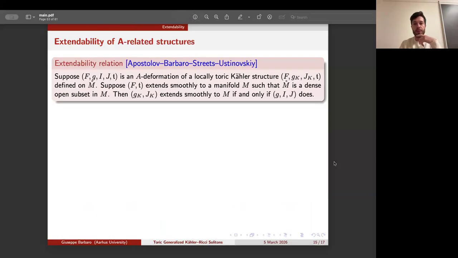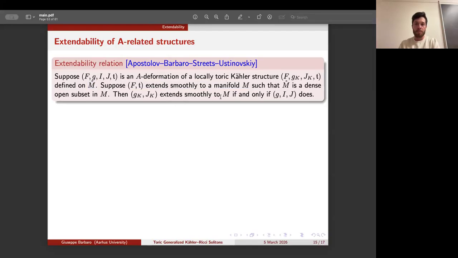So we know that if we have our symplectic structure, a locally toric structure, and let's say that we have it on the whole manifold M, and then on an open dense subset, we have our locally toric Kähler and locally toric generalized Kähler, which are linked by the deformation. Then one of them extends to the whole manifold if and only if the other one does.